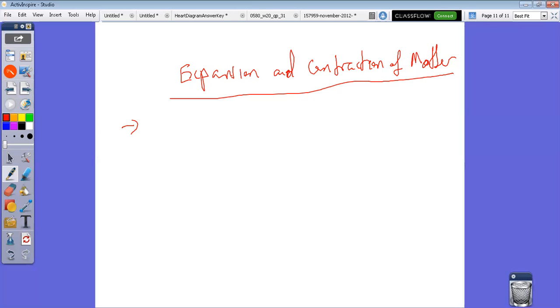So when you heat up matter, the particles gain kinetic energy and move further apart, so they occupy more space. That's why volume increases, and that is what we call expansion. Making sense or not?